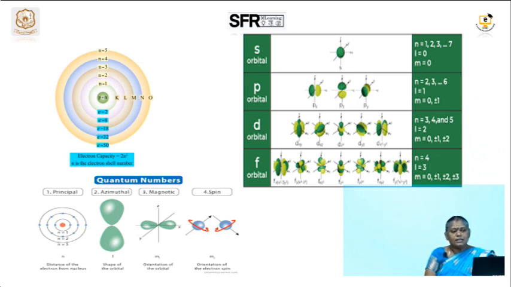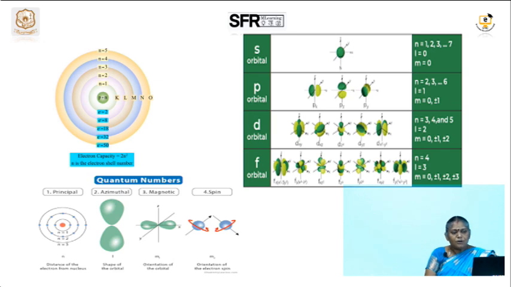Also, the increasing number n with 1, 2, 3, 4, 5 represents the values of the principal quantum number, which will also equal the number of shells present according to their energy level from the nucleus, represented as K, L, M, N and O.